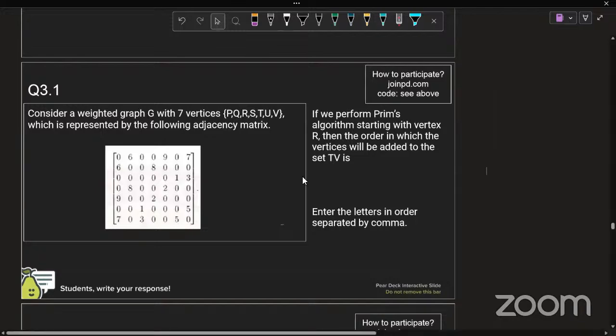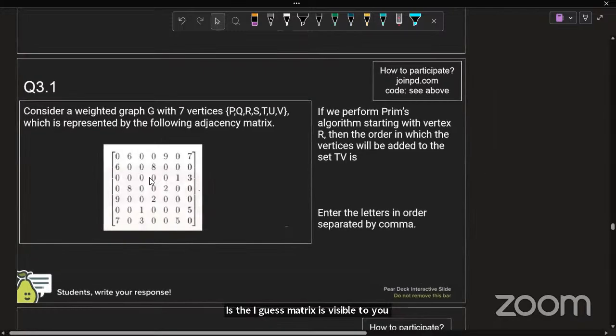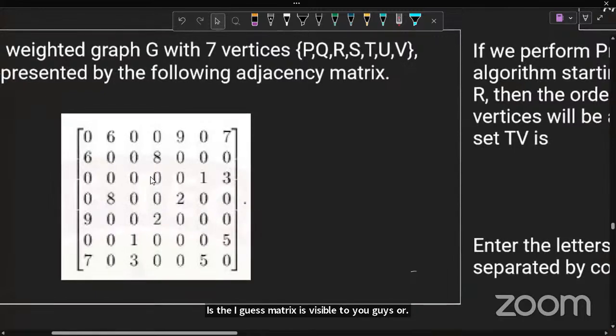Is the adjacency matrix visible to you, or should I zoom in? Visible, sir.